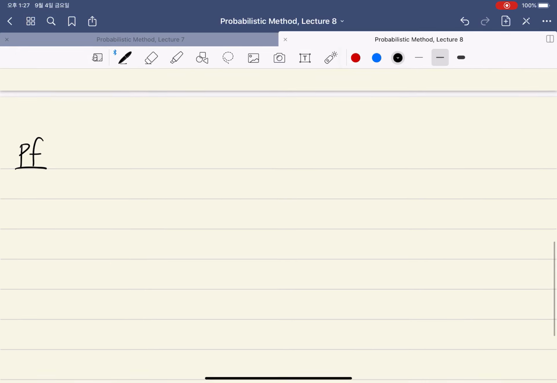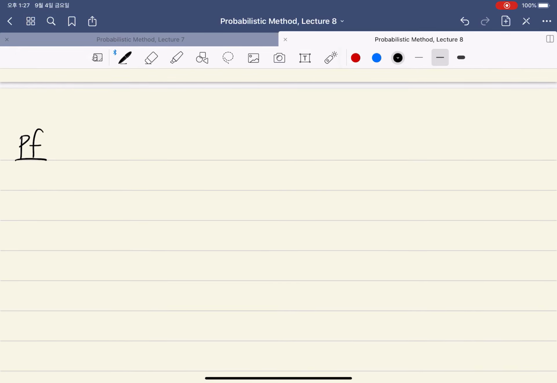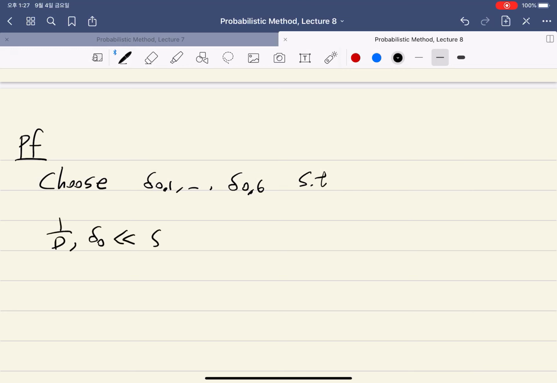So now we want to prove this. First, to make the computation easier, we choose several numbers such that this hierarchy holds.